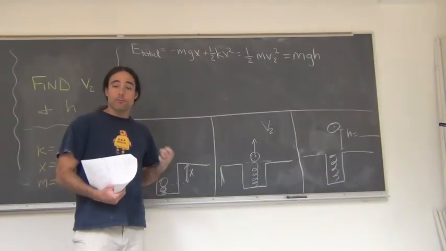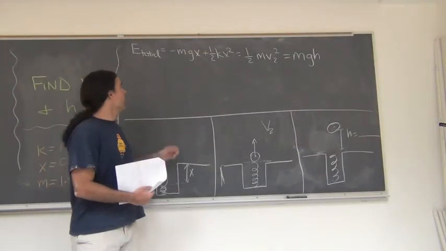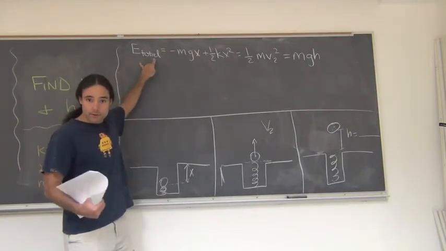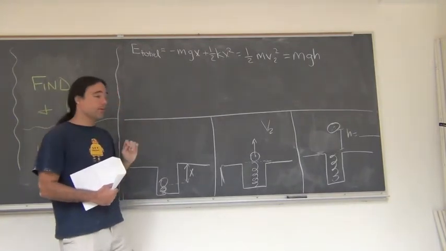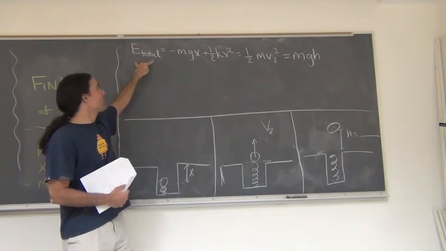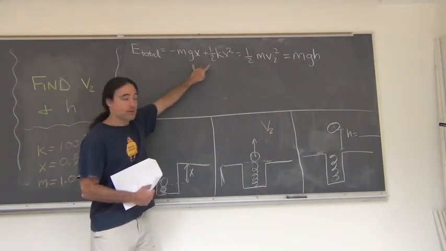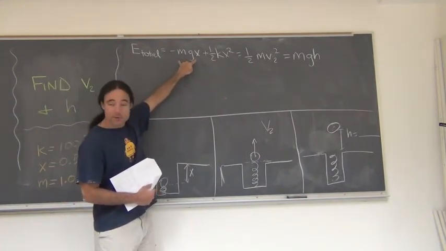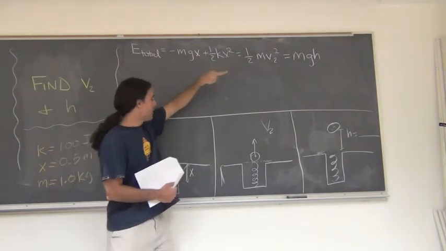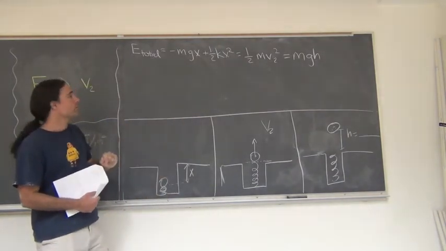Now, suppose we want to do a problem with this information. We already know, just by making the chart of the different energies in each of the 3 pictures, that my total energy has to be the initial energy from picture 1, which was some negative gravitational potential energy plus some spring potential energy.